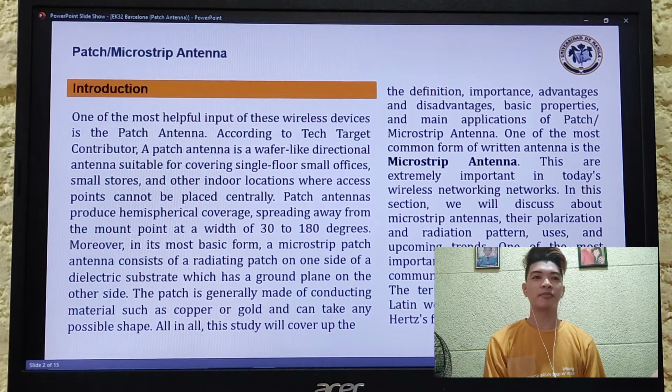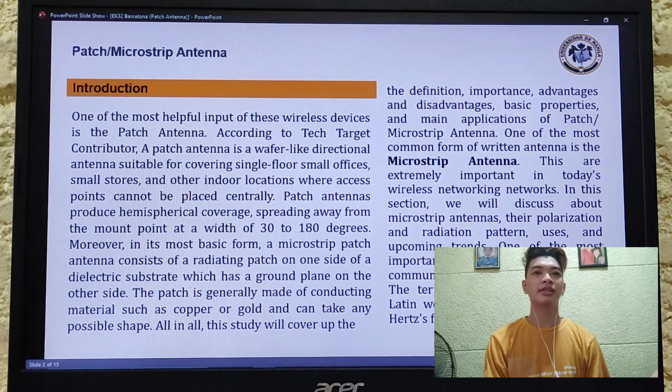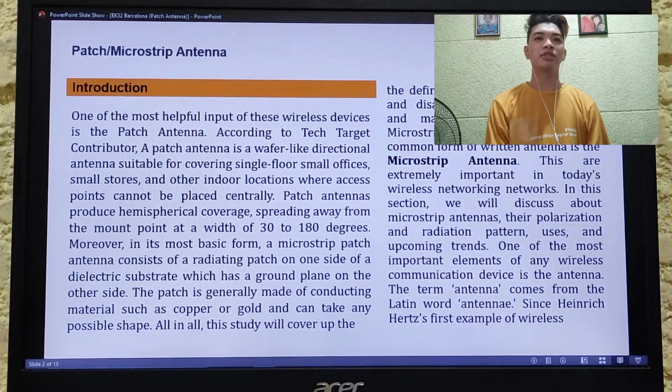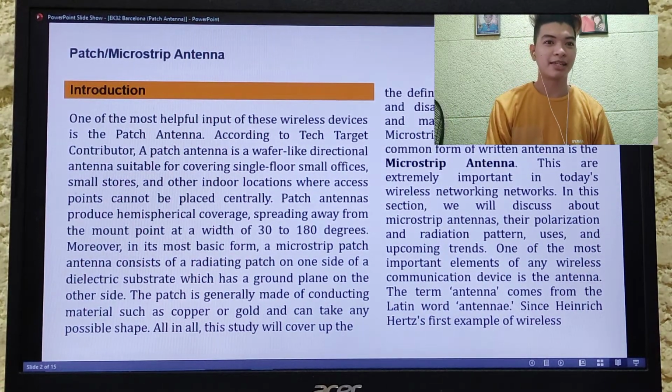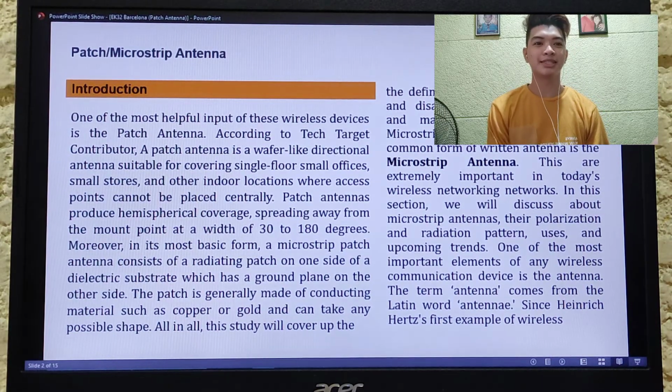These are extremely important in today's wireless networks. In this section, we will discuss microstrip antenna, their polarization and radiation pattern, uses, and upcoming trends. One of the most important elements of any wireless communication device is the antenna.